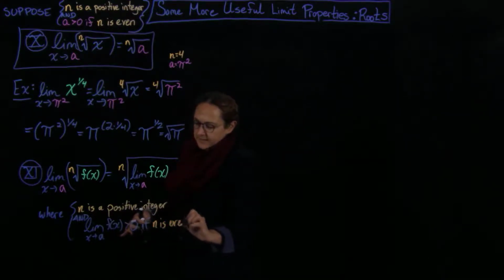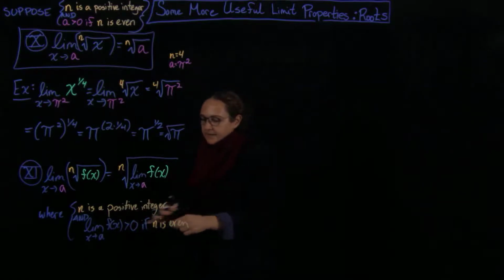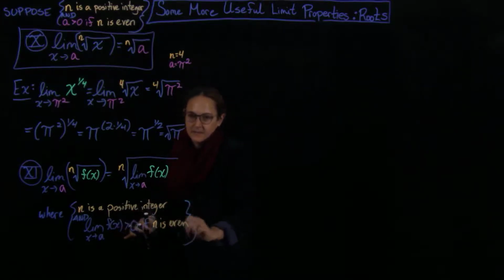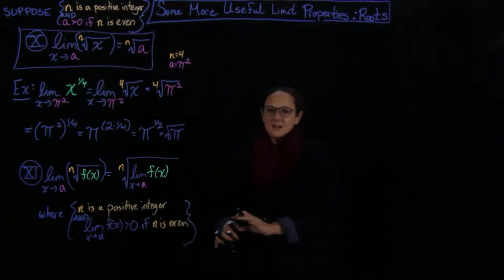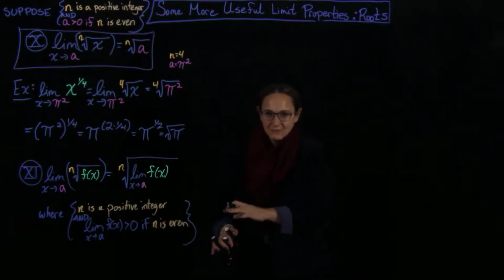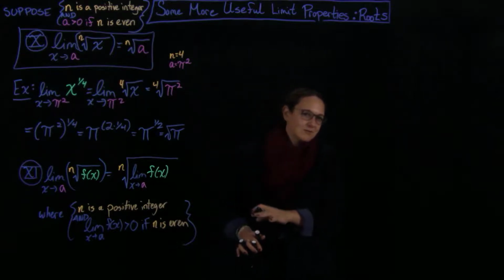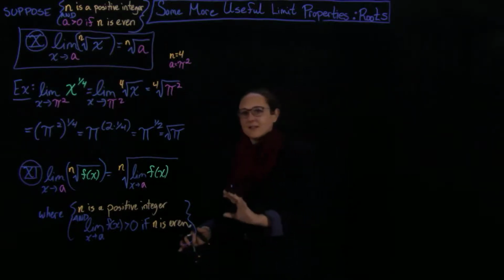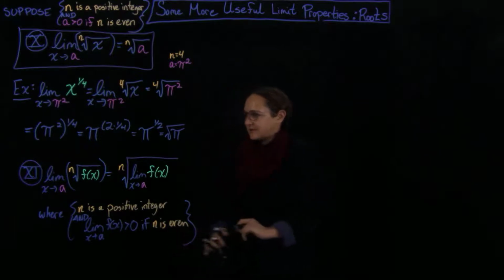Right, and this actually makes sense because you can't take an even root of a negative value. You can't take the square root of -3, or something like that. That's the situation this is dealing with.